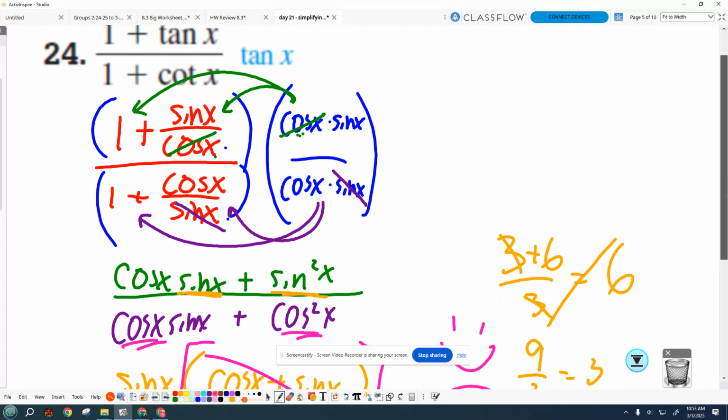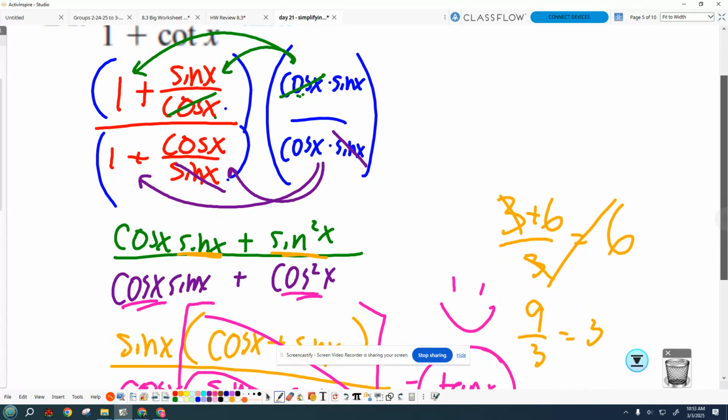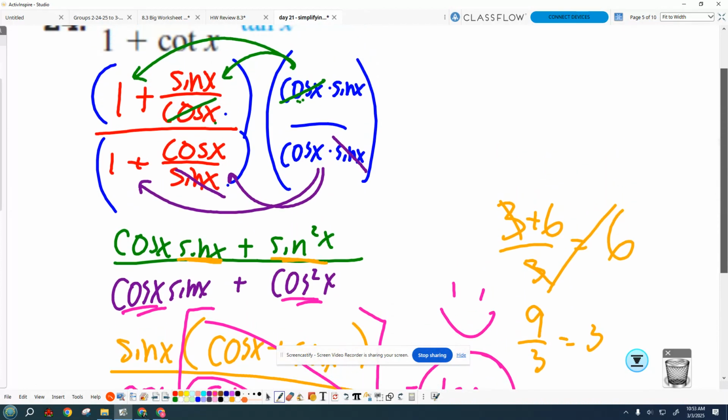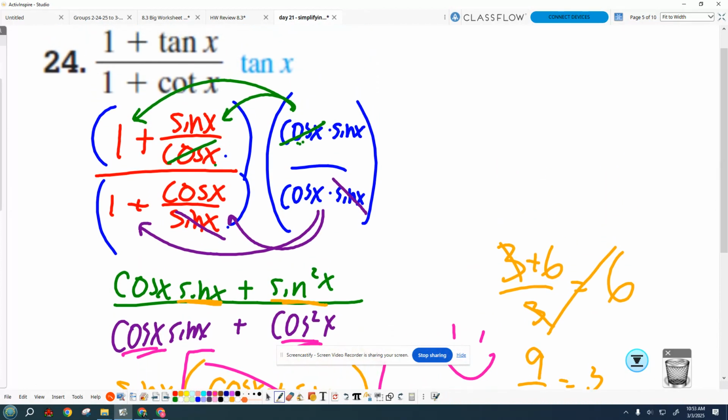I'm kinda confused about how we got cosine sine, from the second step. These guys? Yeah, where this came from, the first part of it. Do you see why I wanted to multiply by cosine and sine on the top and the bottom? Because I want to make this denominator go away.